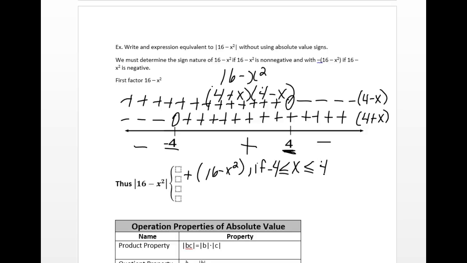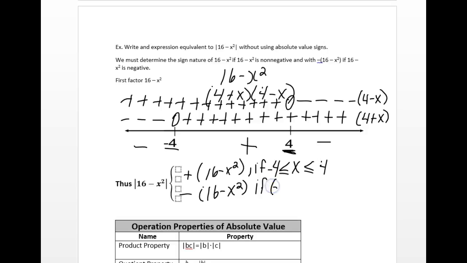Okay, and so in this one, when we're talking about the negative version, where is it negative? It's negative less than minus 4 or greater than 4. I always like to write it in interval notation.